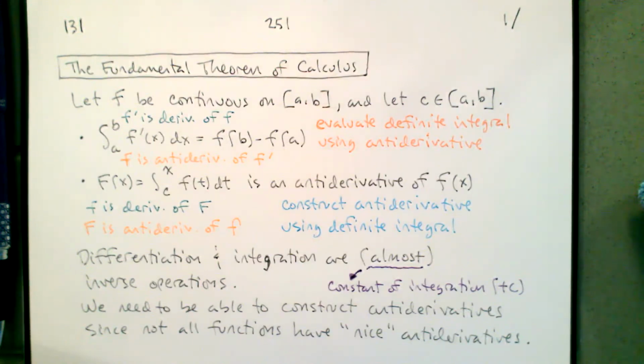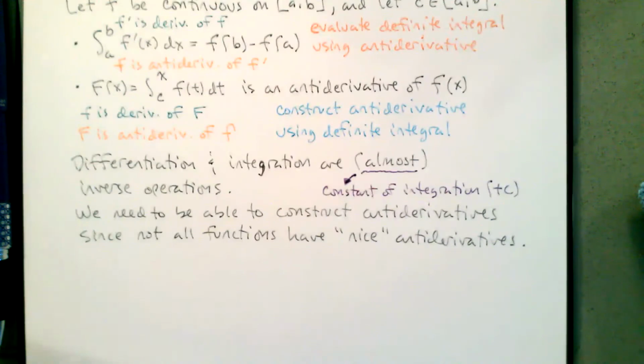The other thing we get when we interpret our fundamental theorem of calculus is that it's important to be able to construct antiderivatives, because not all functions have what I call nice antiderivatives. That is, antiderivatives that are finite combinations of elementary functions.